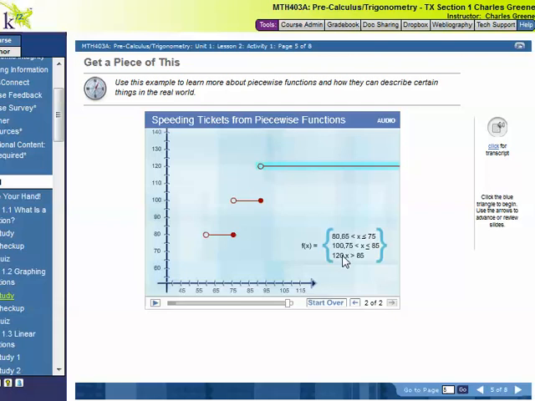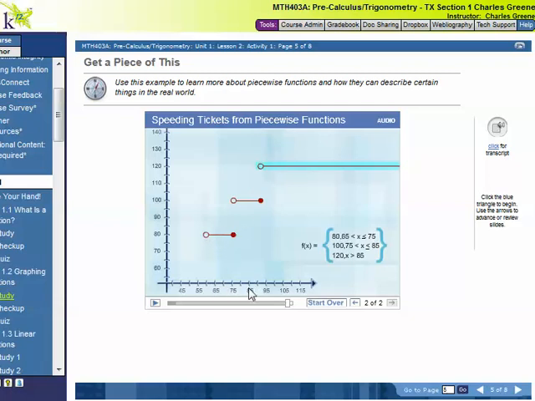I want to point out to you, it is using inequalities in here, both inequalities and inequalities with equal signs on them. Remember the difference in graphing? If it's a less than or greater than, it's an open circle. If it's a greater than or equal to, it's a solid circle. So looking at this, if I were going between 60 miles an hour and 75 miles an hour, my ticket price would be $80.